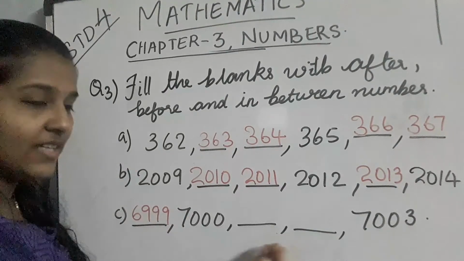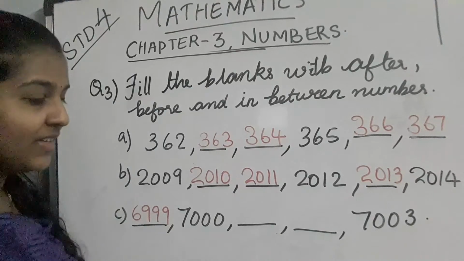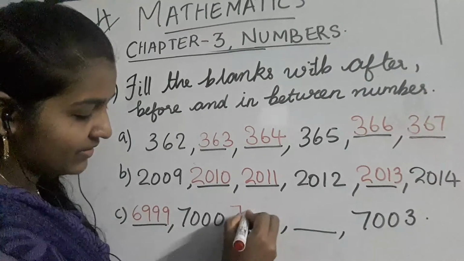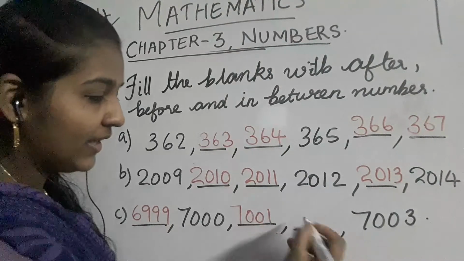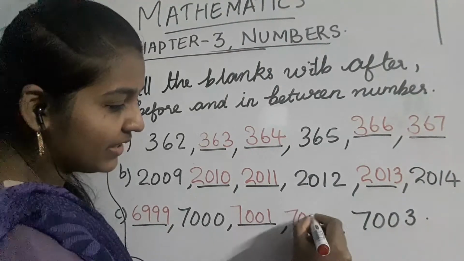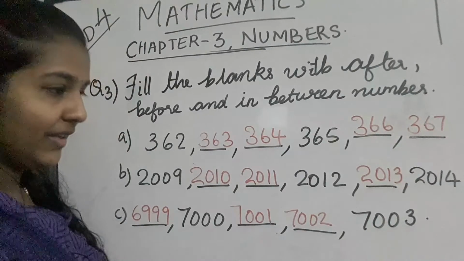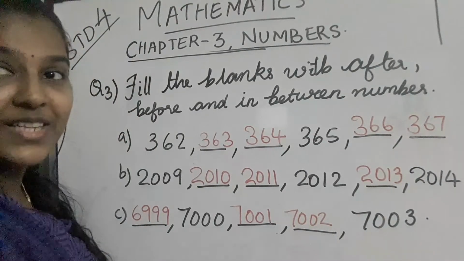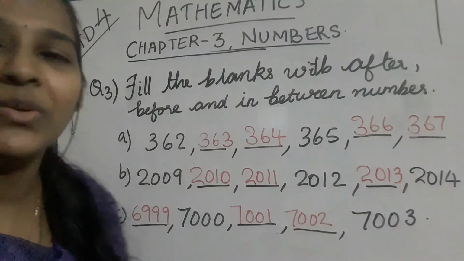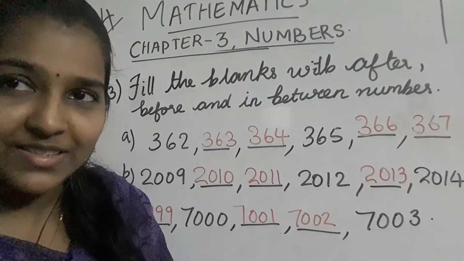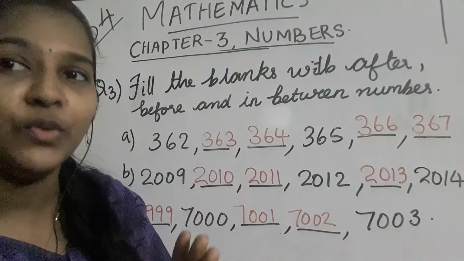And after 7000 which number comes? 7001. Yes, 7001. And after that 7002. And after that it is already given, 7003. Got it, children? Okay.